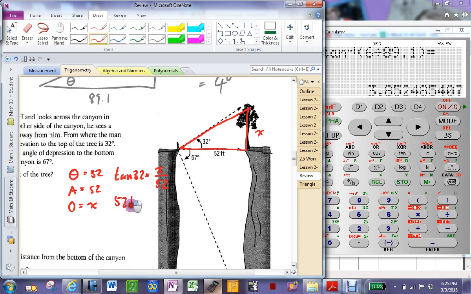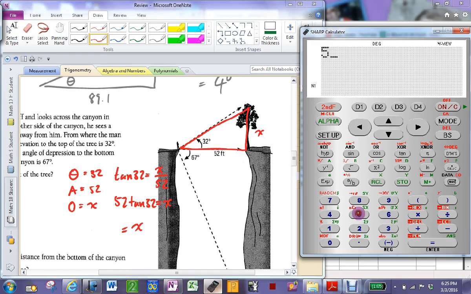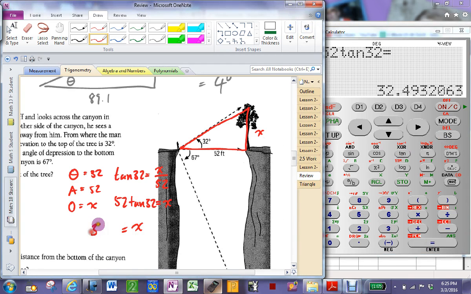So that's 52 tan 32 to find x. X equals 52 tan 32, 32.5 meters.